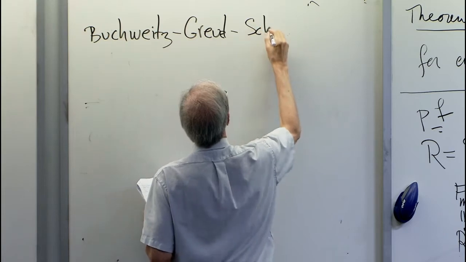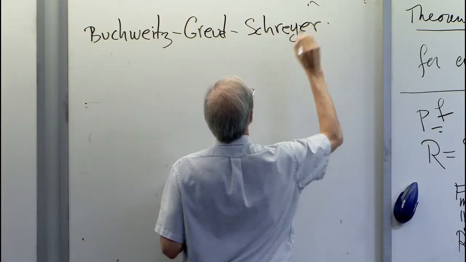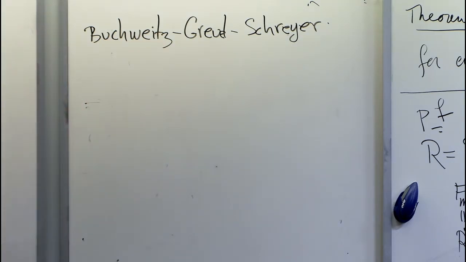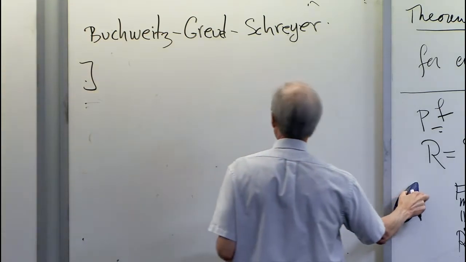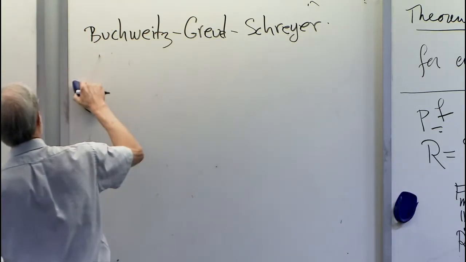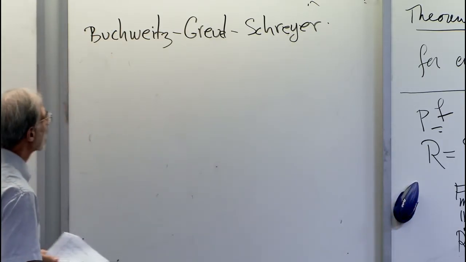Schreier. The same Schreier who's sitting in the audience there. And it says that, given f, and I'm now going to work over an algebraically closed field of characteristic 0, so much is known in other cases.